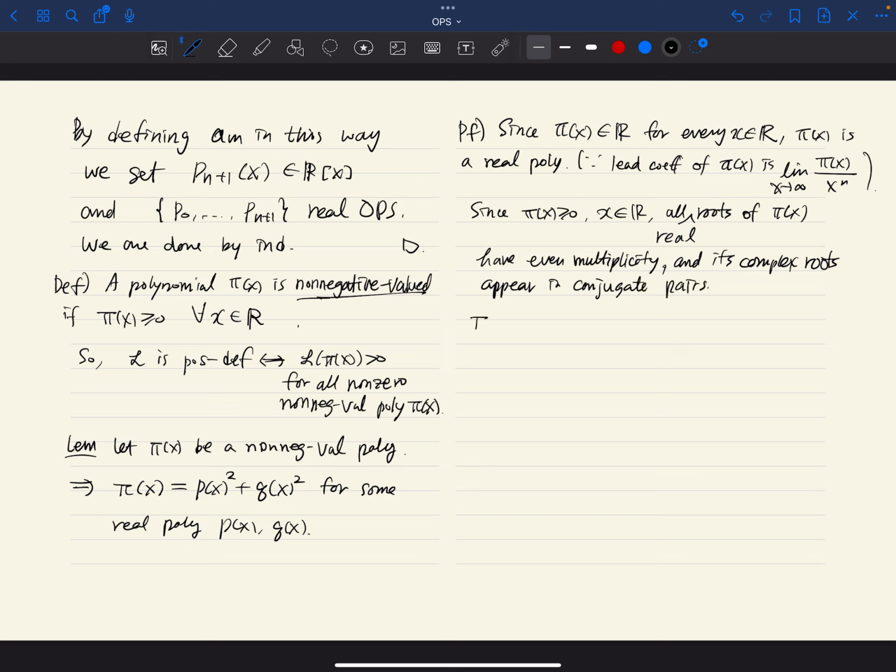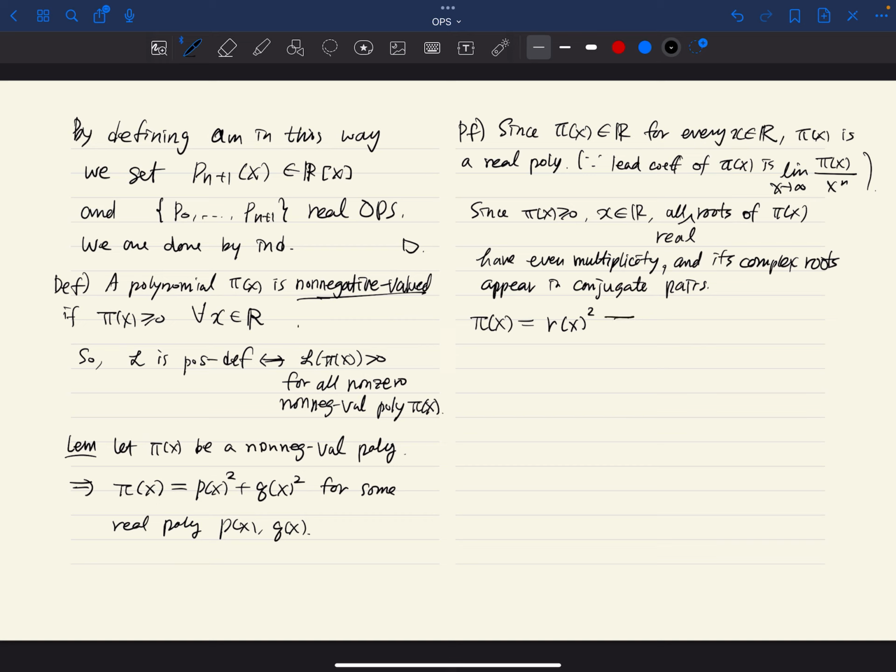So that means we can write down this. If you consider the factorization of p(x), then it will be something like, okay, let me write this way, r(x) squared for real polynomial r.